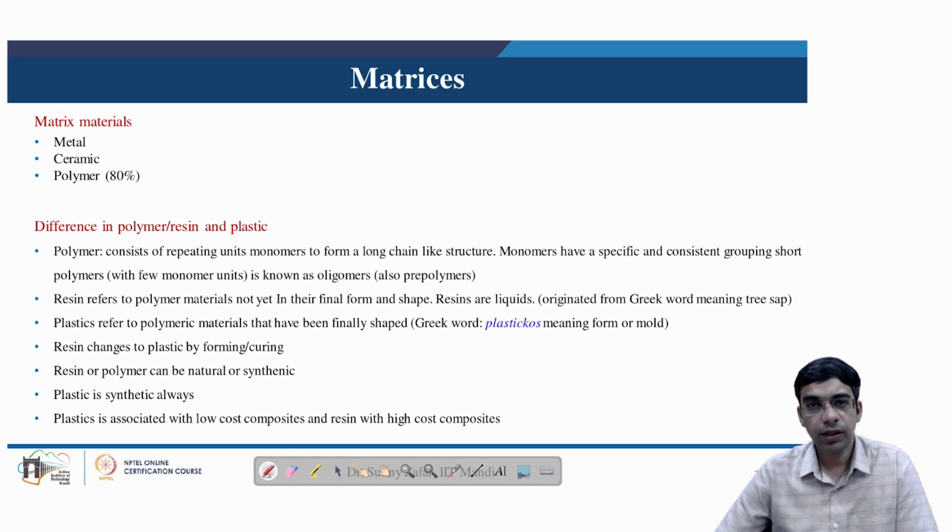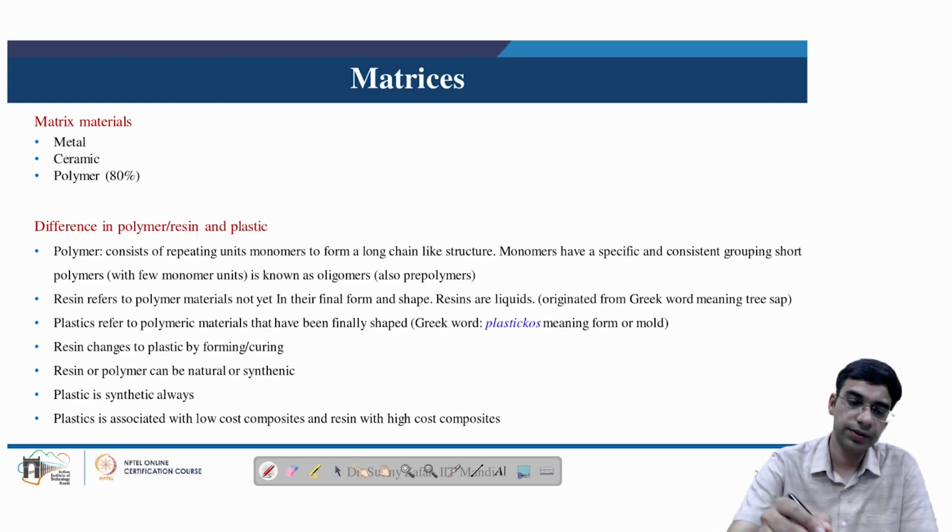In several polymers, the resin may change from liquid to solid upon curing, and the resin may be derived naturally or synthetically. But for consistent properties, the synthetic plastic or resin is more preferred. And plastic is associated with low cost composites, and resin is considered with high cost composites.